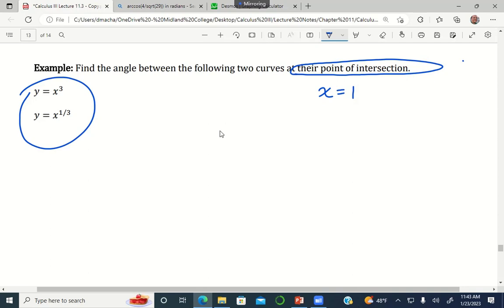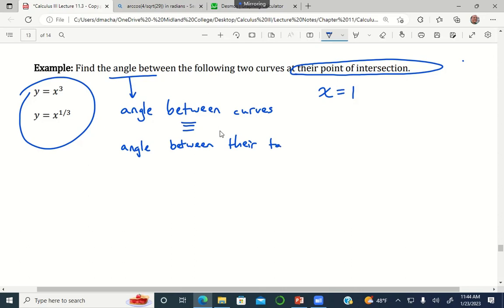Now, if I want to find the angle between these two curves, what we mean by angle is this: the angle between curves is equivalent to the angle between their tangent lines.